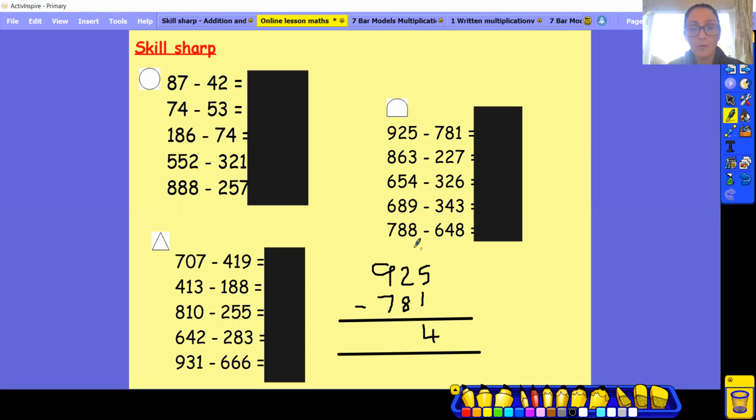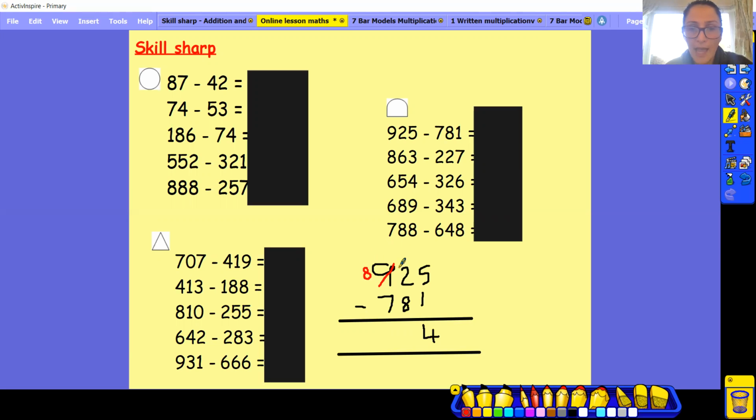Okay, so then we move into our tens column. Now I've got 2 take away 8. Can you do 2 take away 8? Have a think. You can't do it. So you're going to have to exchange from the hundreds column. So you're going to have to exchange that 9 and it turns into an 8 because we've taken a 10 from it.